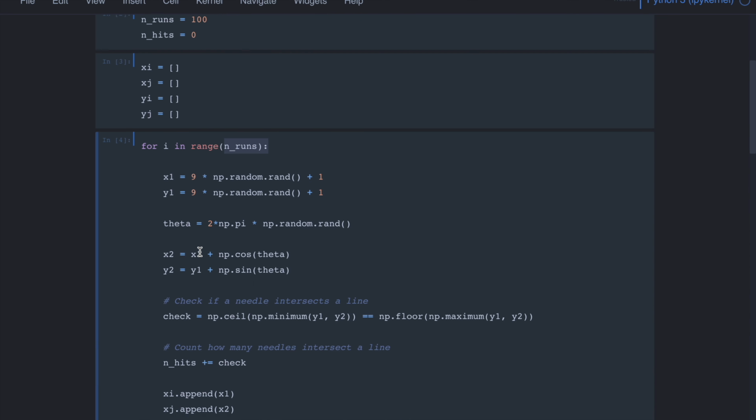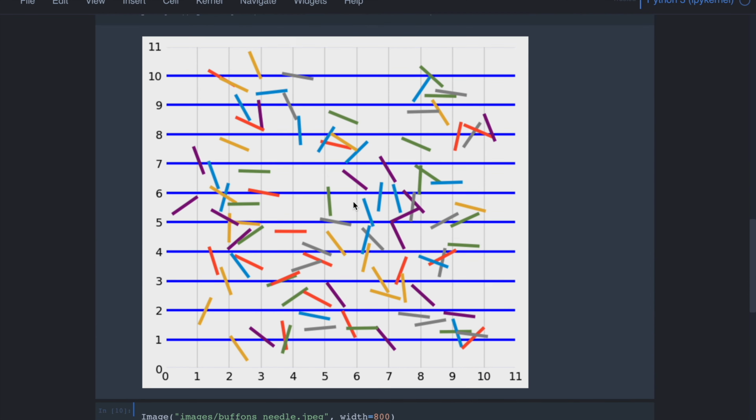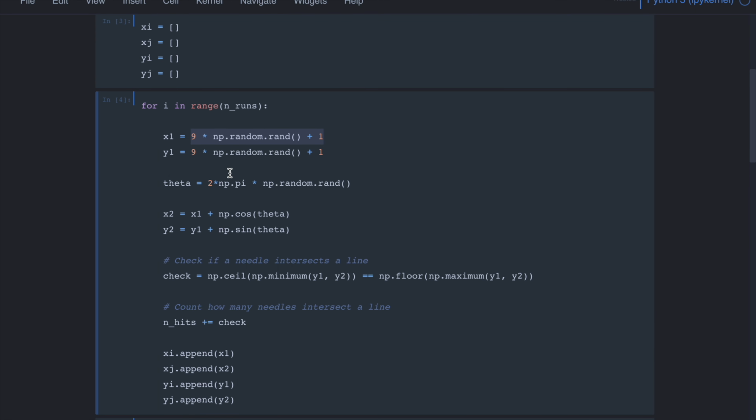So here we are generating one coordinate for x1, which will be between 1 and 11.